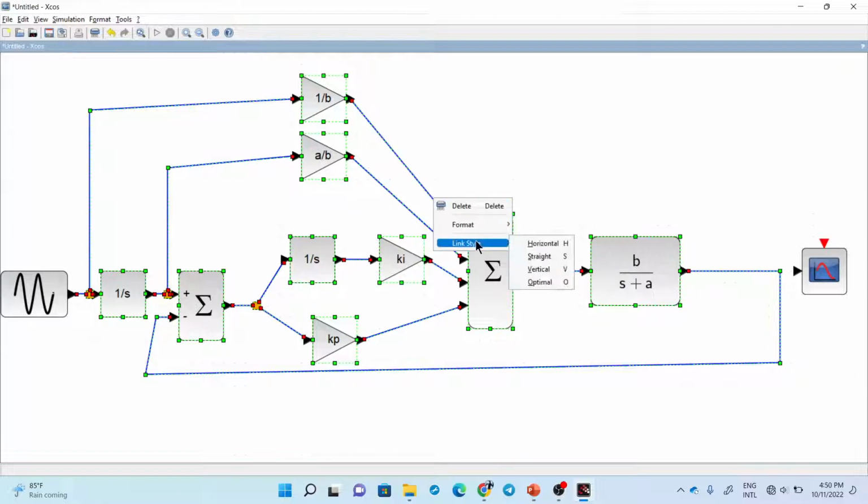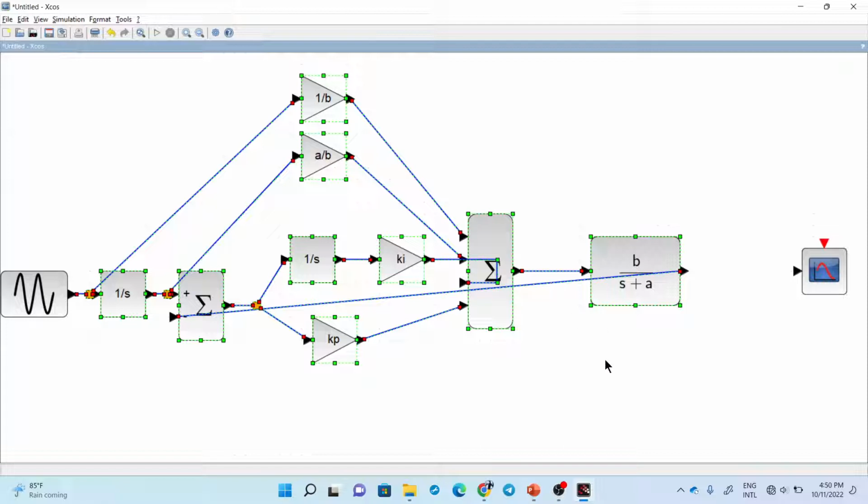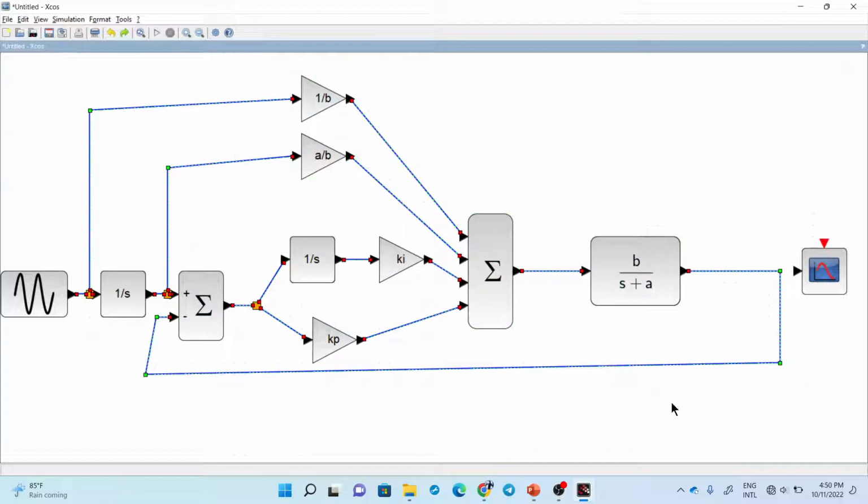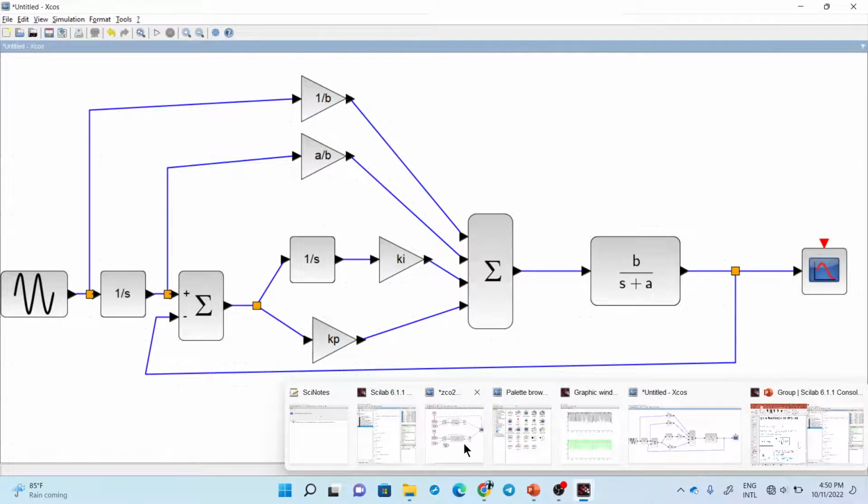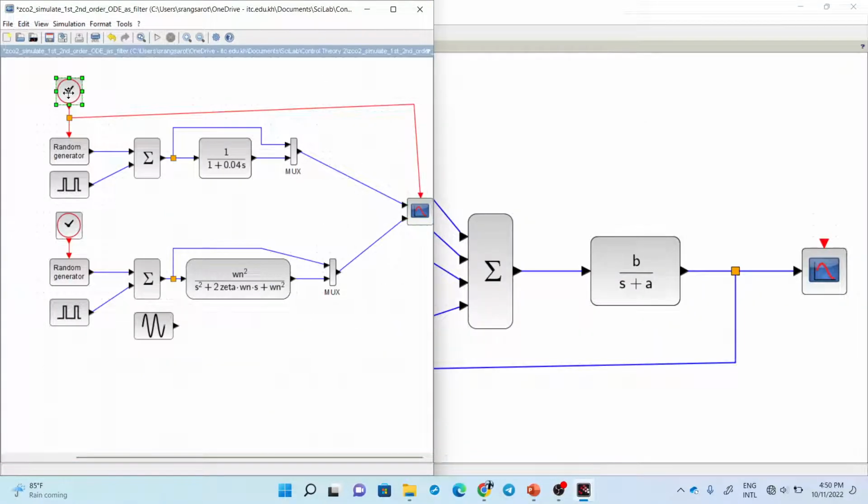Right click, link style, optimal. Okay, and clock, this one.